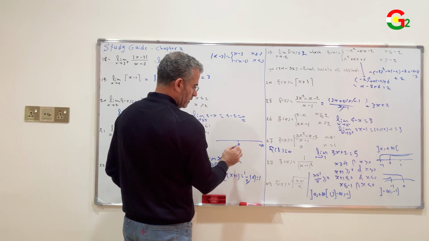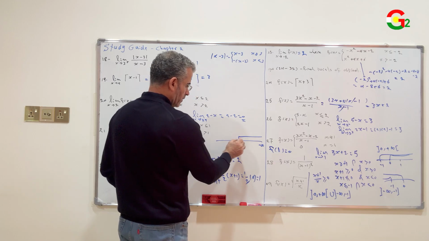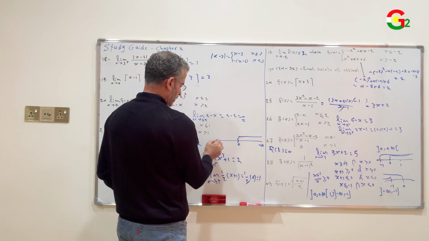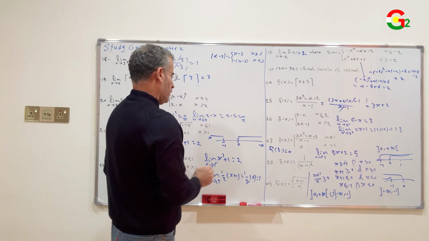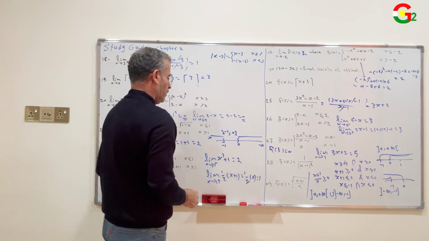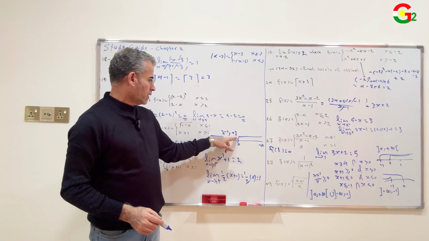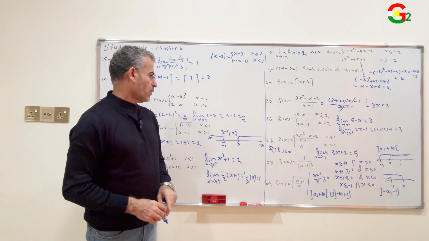It is continuous here, open interval, and -infinity to -1, with -1. Then the point of discontinuity of this function is -1 to 0, closed from 0, open from -1.